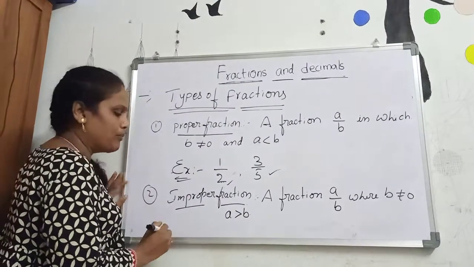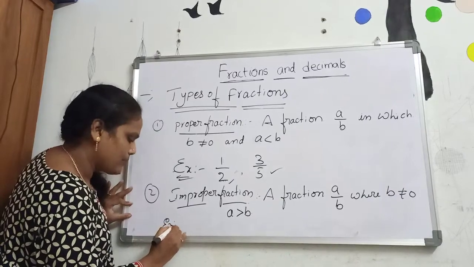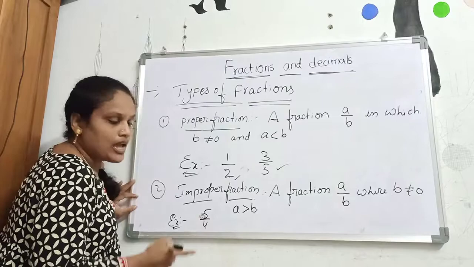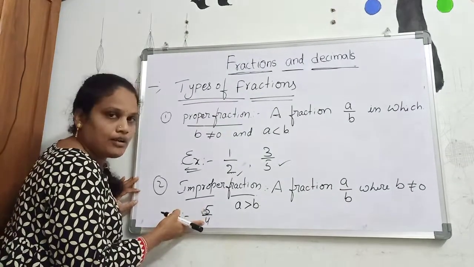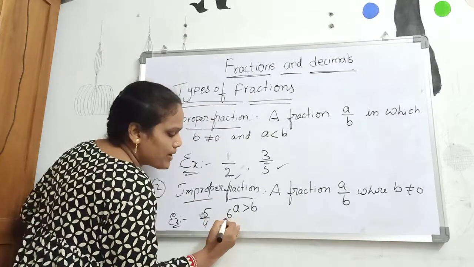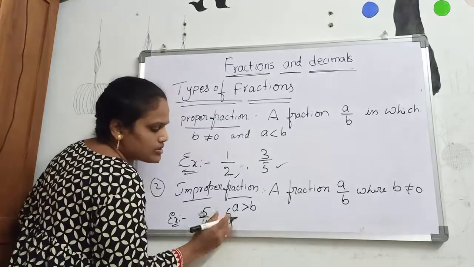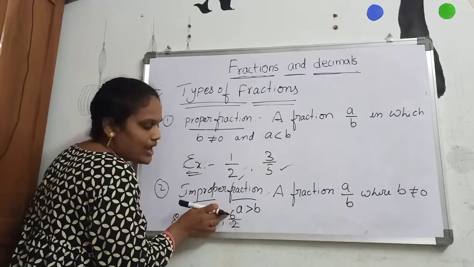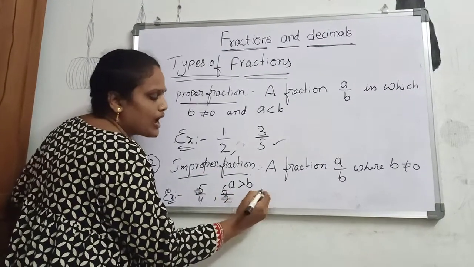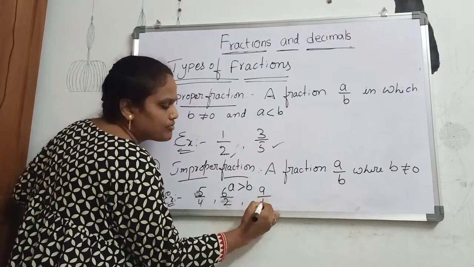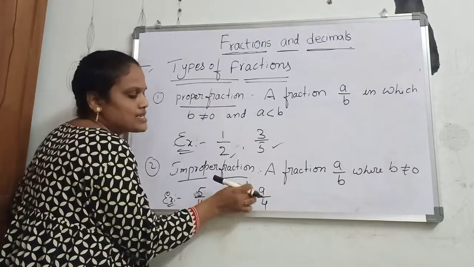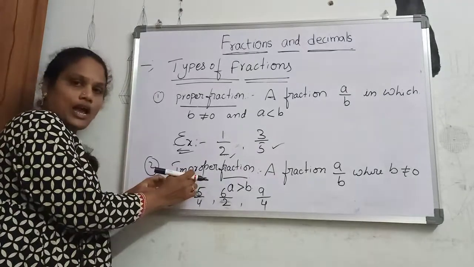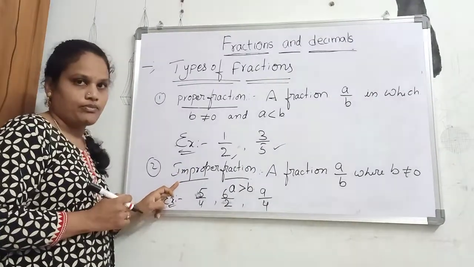This is called an improper fraction. For example, 5 by 4: here a is greater than b. And 6 by 2: here also a is greater than b. And 9 by 4: here also a is greater than b. This type of fraction is called an improper fraction.